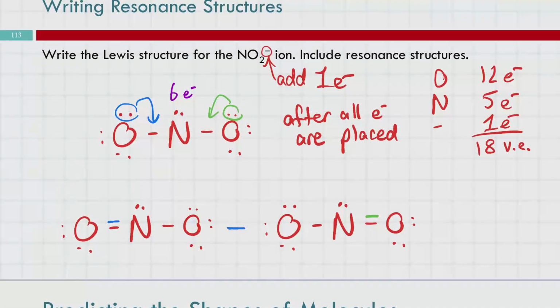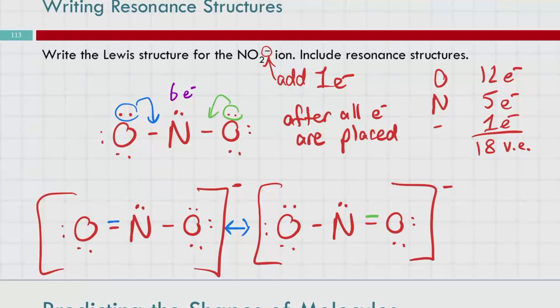So these would be our two options. And because it's an ion, it's negatively charged, we also get to include brackets with the negative charge in the top right corner. So that should be our full and complete structure for the nitrite ion plus resonance structures.